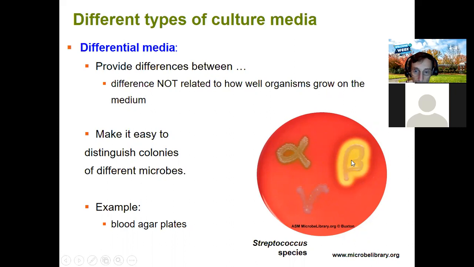And inside the beta we also have all the red blood cells lysed. You'll notice around the beta hemolysis we have a ring of darkening, which is actually alpha hemolysis. And it's common to see alpha hemolysis surrounding beta hemolysis. Anyways, this is showing you differences in the hemolytic activity of 3 different bacteria.